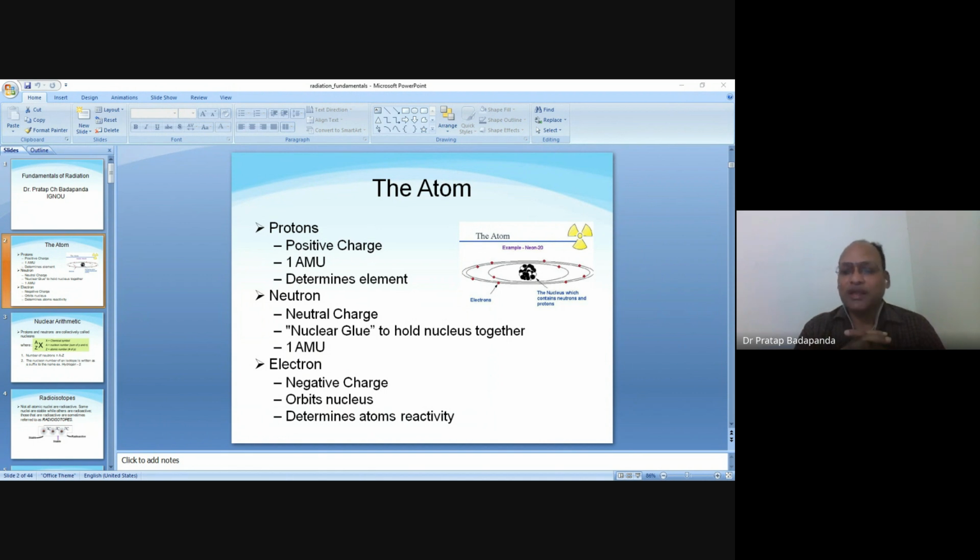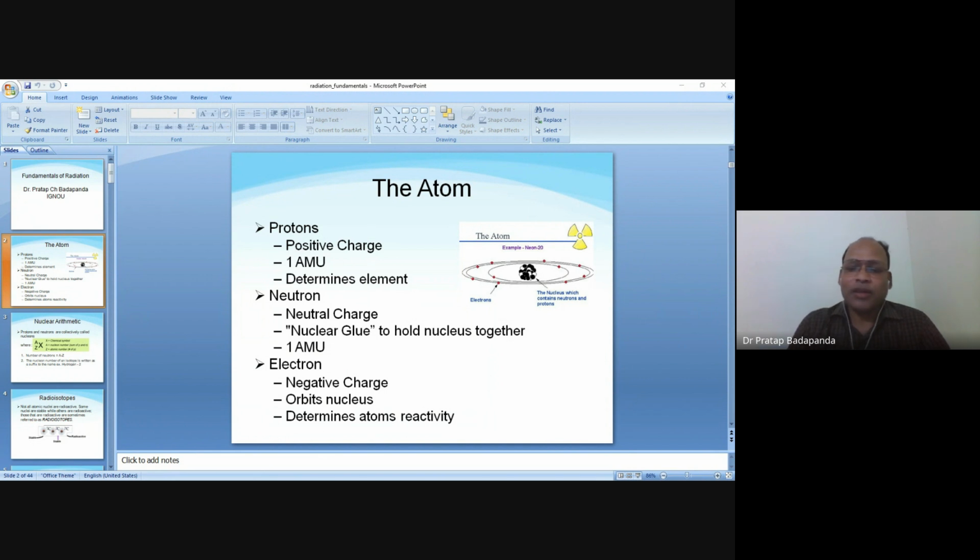The proton is a positive charge particle, its unit is 1 AMU, atomic mass unit, and it determines the element. The proton is the fingerprint of that particular element.